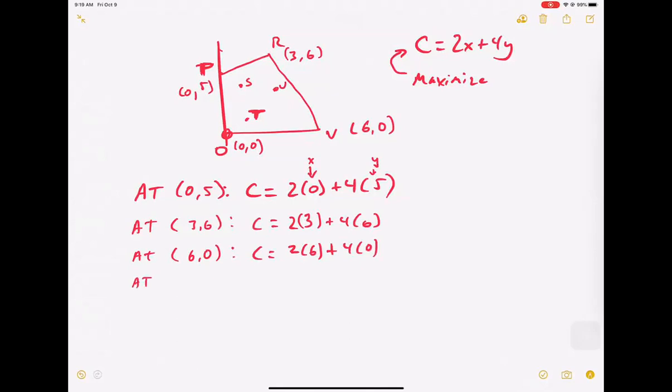And at (0, 0), C is 2 times 0 plus 4 times 0. I want you to spend about 2 minutes and tell me which of these would be the maximum C value. Once you have it, go ahead and type it in the chat.